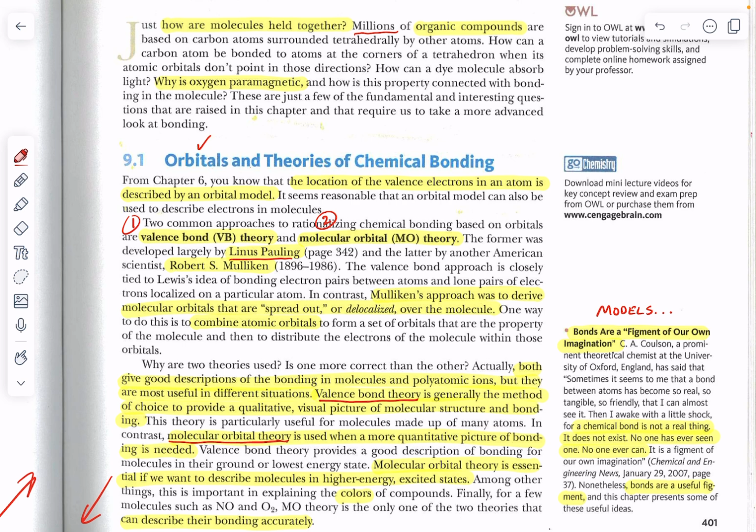So one other thing about Robert S. Mulliken's molecular orbital theory, you're going to see this word delocalized a lot. We've already referred to electrons being delocalized in metals, where you might have, if these circles represent the nuclei of metals in some type of pattern or crystalline structure, and then the electrons are all over the place. They are delocalized. They are not held in place in specific orbitals with the nucleus of each metal atom at the center.